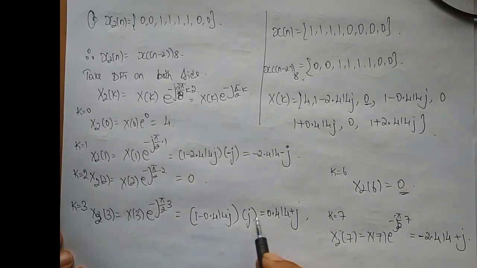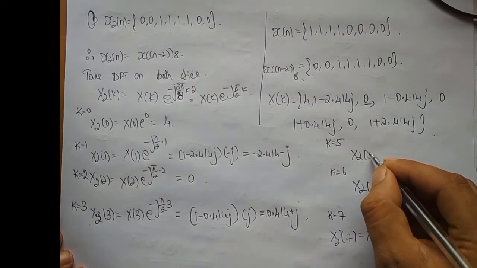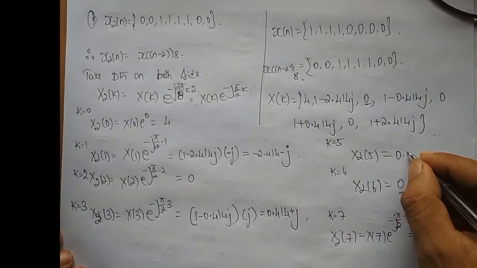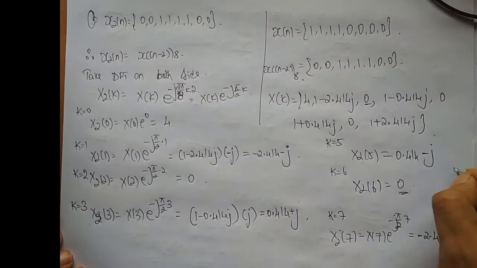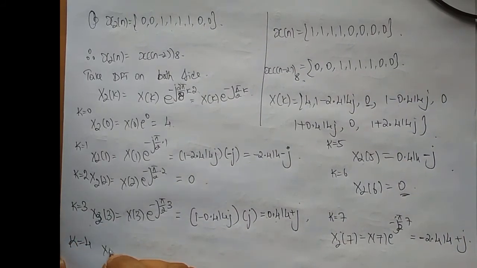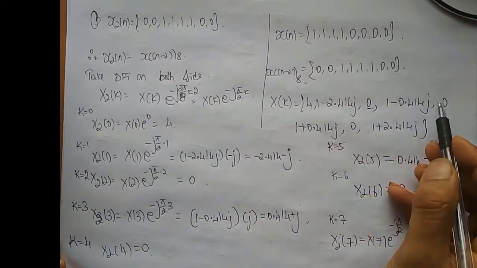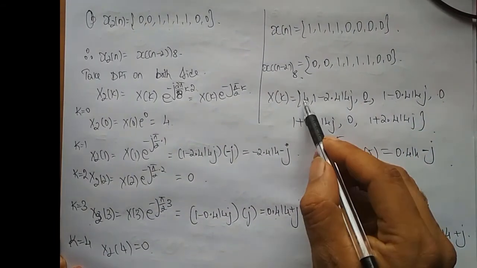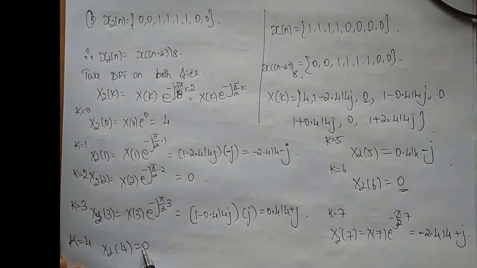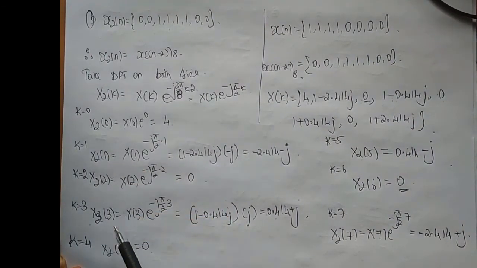If x2 of 3 is this, what about k is equal to 5? So x2 of 5 will be the complex conjugate of this, which is 0.414 minus j. Right, now for k is equal to 4, x2 of 4 is equal to 0. Why? Because this is 0, 0, 1, 2, 3, 4. Right, so I have all the 8 values, x2 of 0, x2 of 1, 2, 3, 4, 5, 6 and 7.